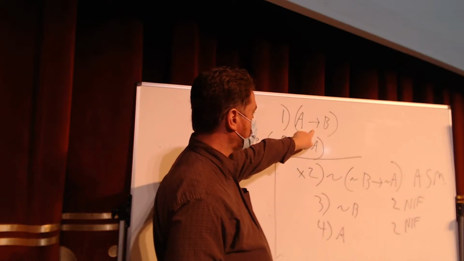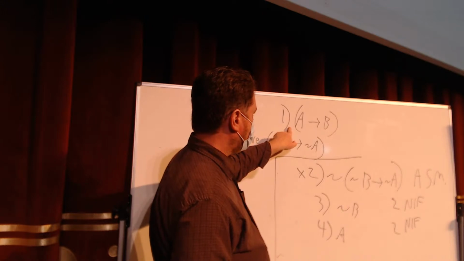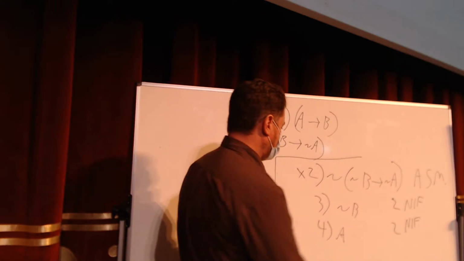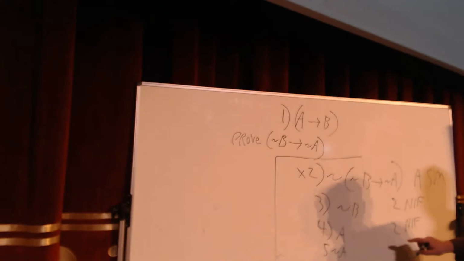As has been suggested, I can use the arrow rule 1 with statement 3, and that can get me not A from 1 and 3. That's called the MT arrow rule.